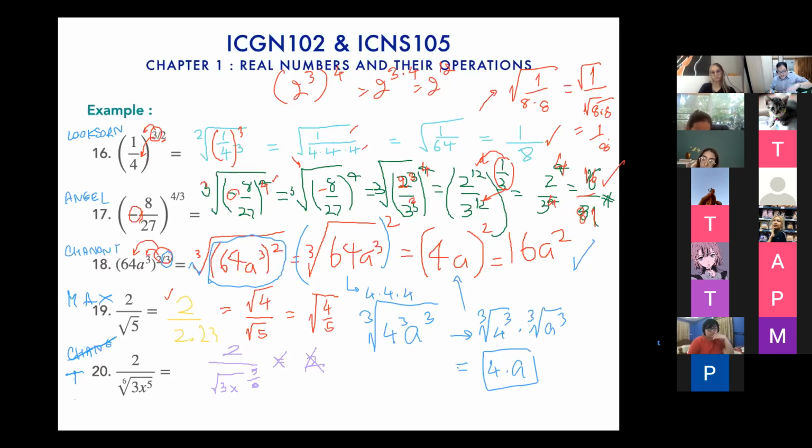Okay, and the last one: 2 over the 6th root of 3x to the power of 5 equals what? In here, the way to simplify this one is similar to question 19 that I did.